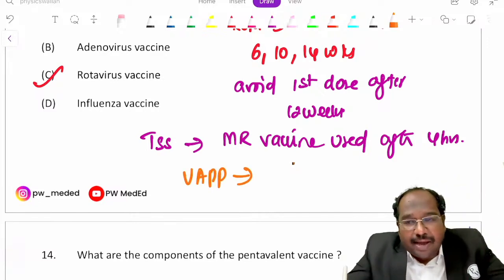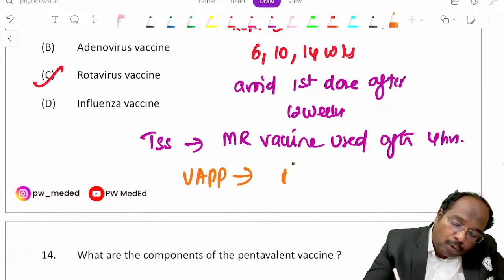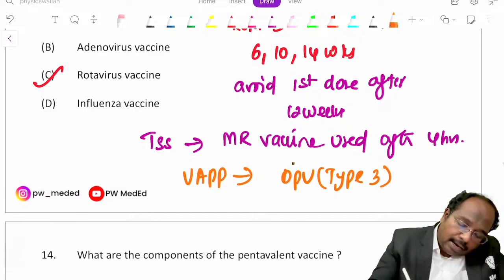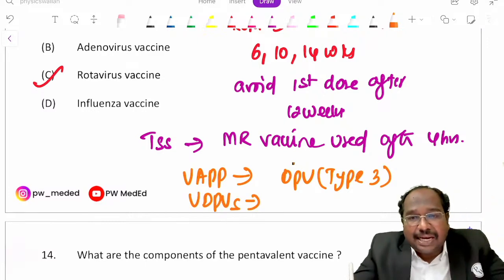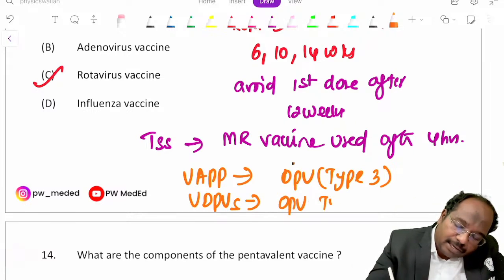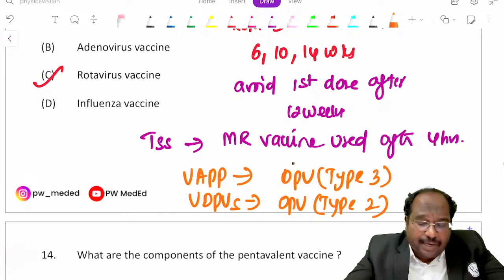VAP can come as an AEFI for OPV type 3. And second is VDPV, vaccine derived polio virus. This can happen with OPV because of type 2. So VAP is type 3 and VDPV is because of type 2.